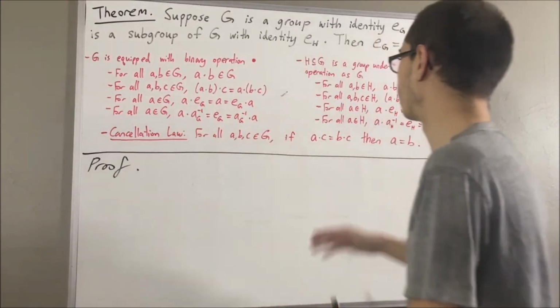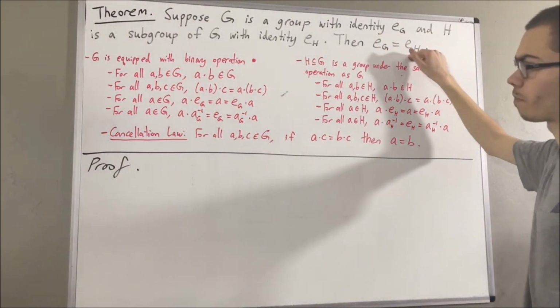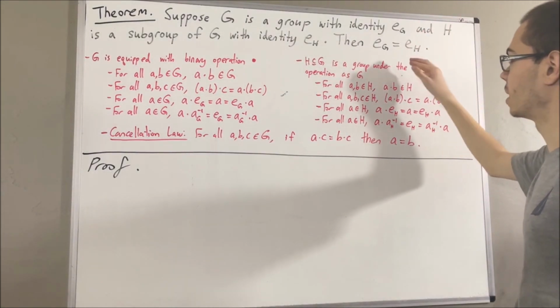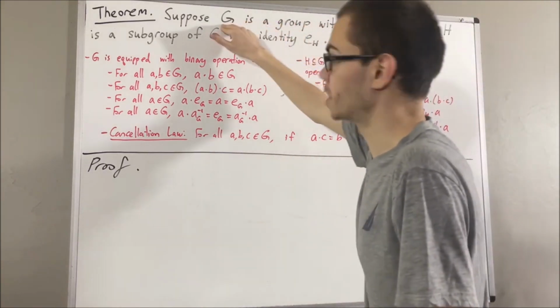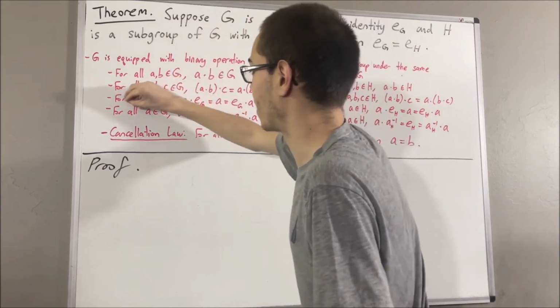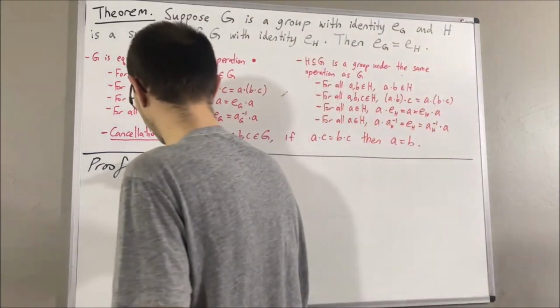Now, the whole goal is to prove that EG is equal to EH. By definition of the identity element of a group, since EG is the identity of G, this means that EG is an element of G that satisfies this property.